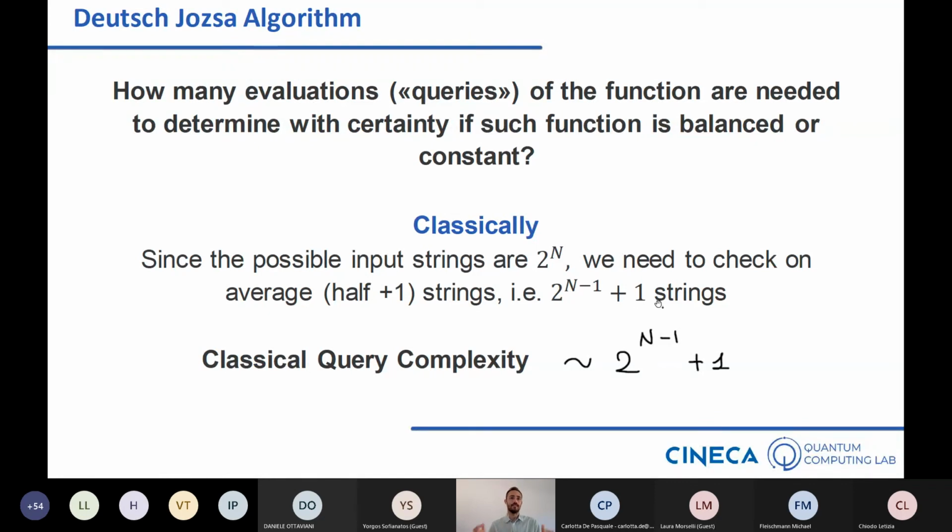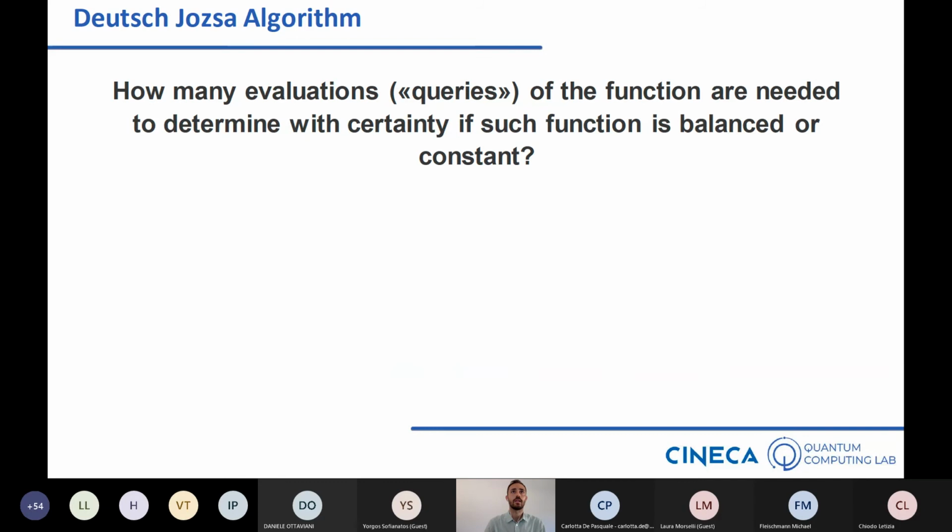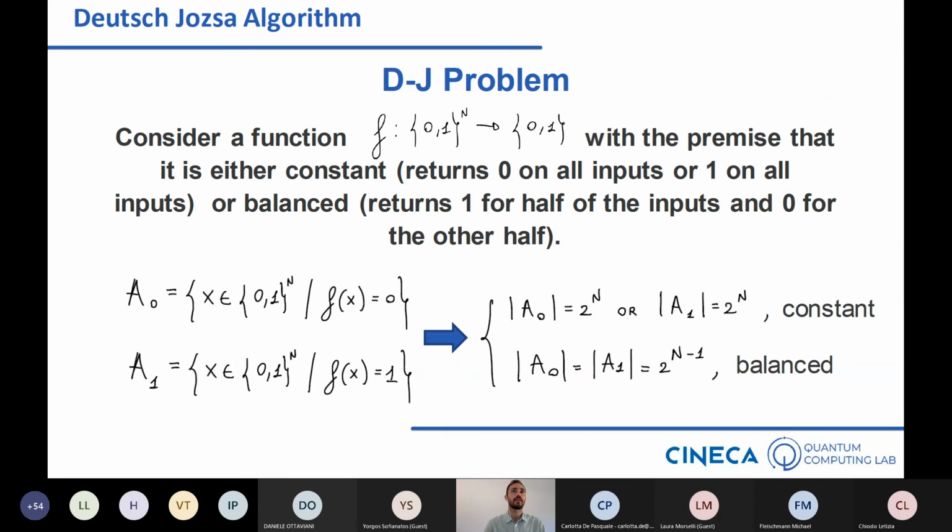So basically, the concept is the following. Consider our function and an input x1, and the result is 0.